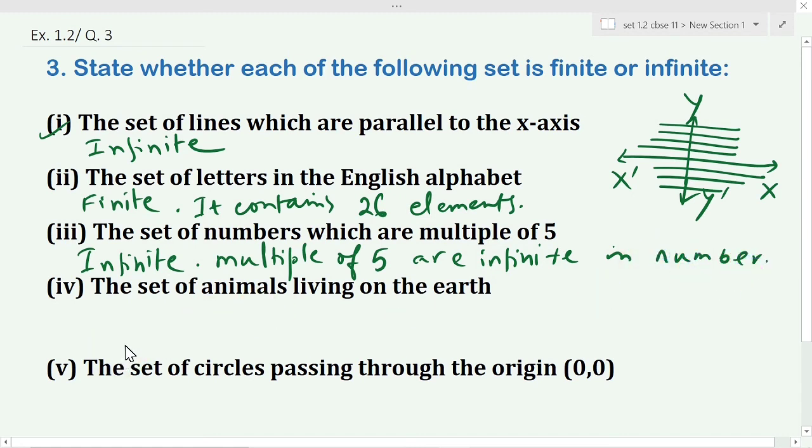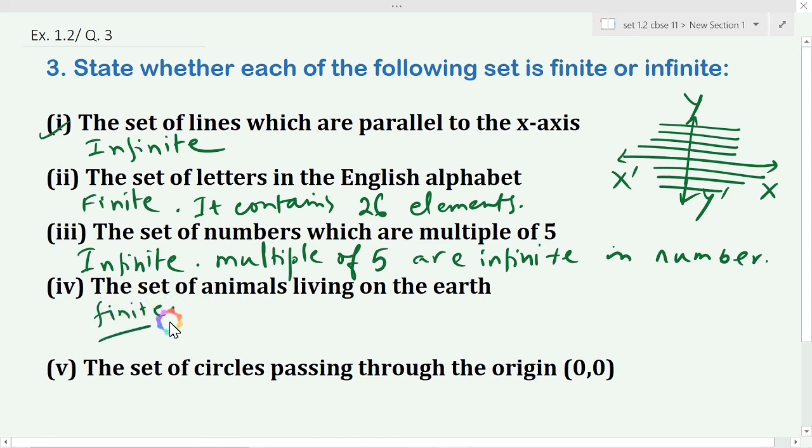Okay, the set of animals living on the earth. It is finite.